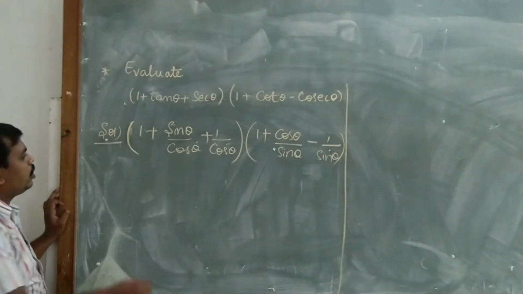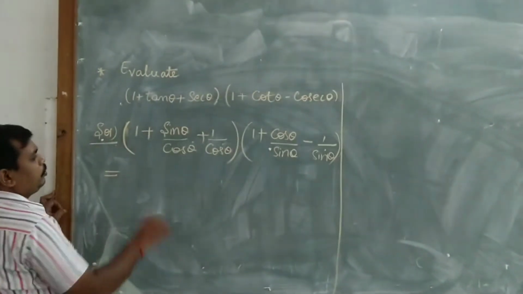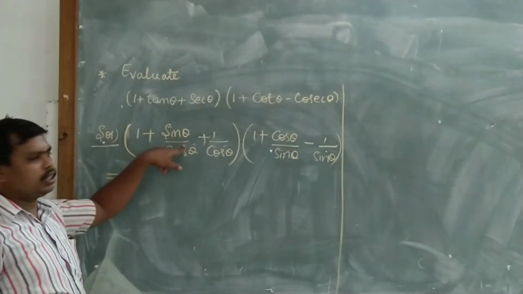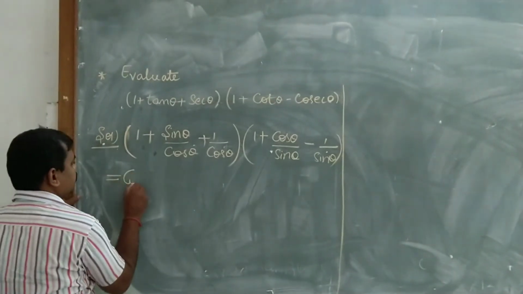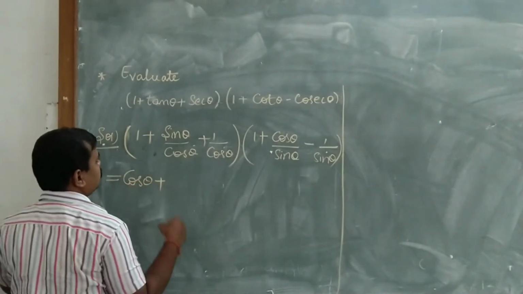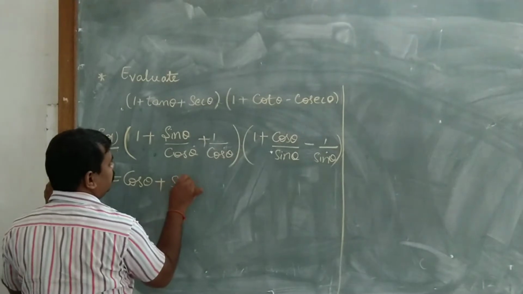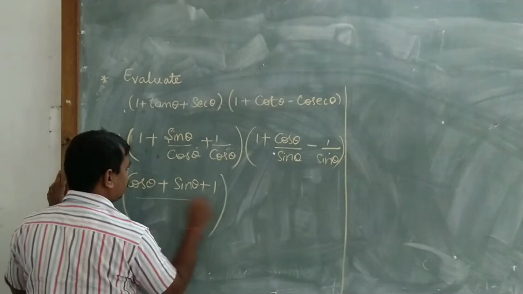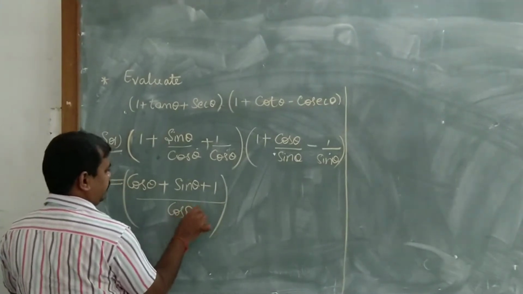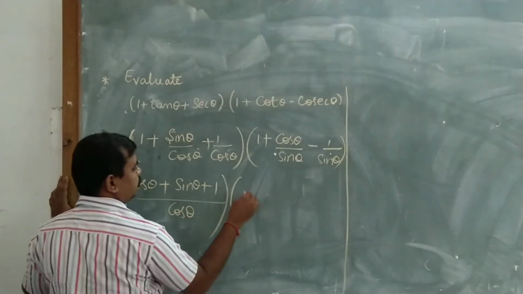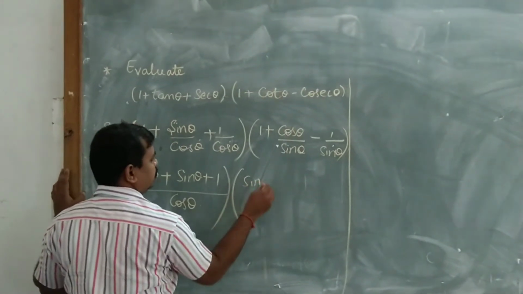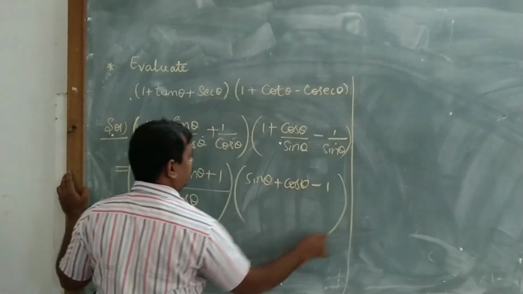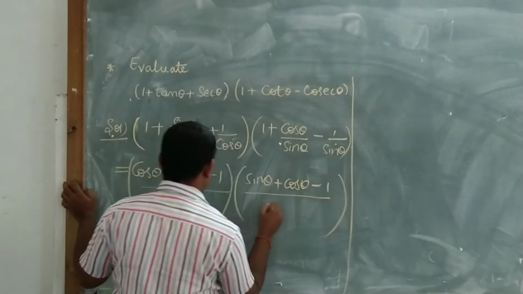So, you have to take the LCM here. What is the LCM over here? Cos θ. Take down cos θ + sin θ + 1 by cos θ, into sin θ + cos θ − 1 by sin θ.